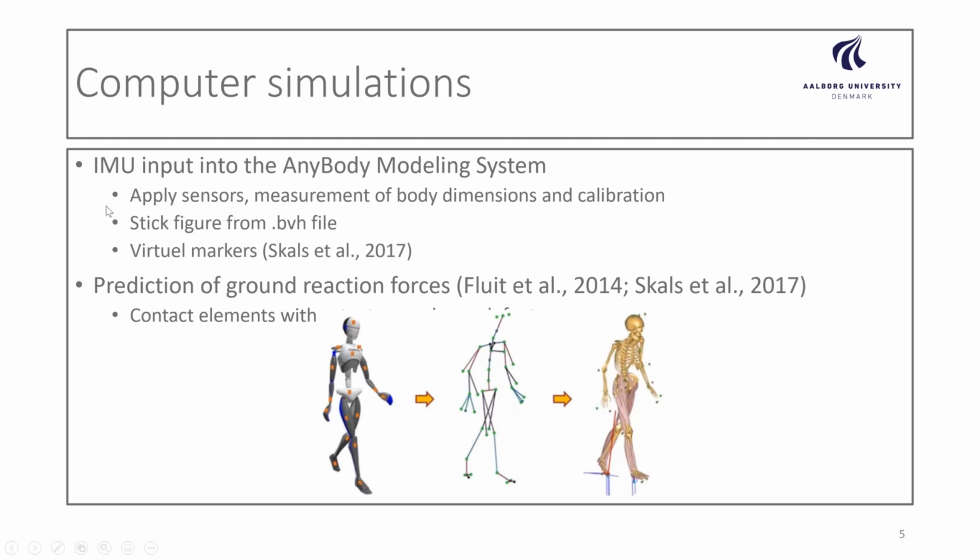But before we get the signals, we of course need to apply the sensors to the human body, as you can see here in the animation. You need to measure body dimensions such as foot length, hip width, arm span, height, and so on. Then we need to do a calibration of the model, and then we can do our measurements.